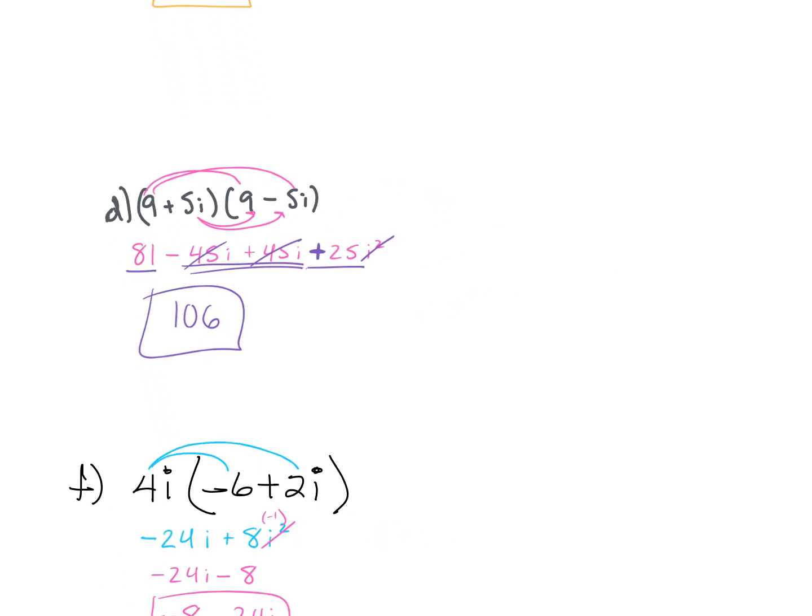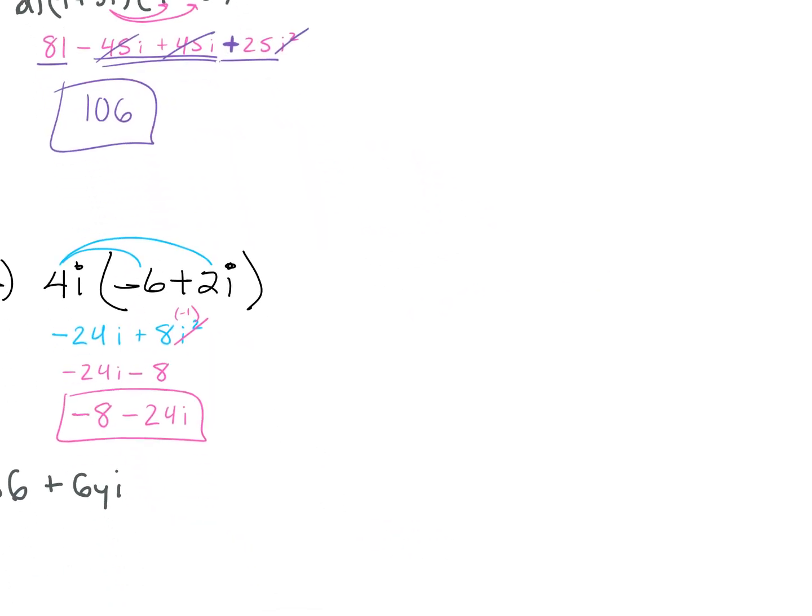And then just for fun, I'm going to call it G. What if I had something like negative 1 plus 2i squared? What would I do here? FOIL. We write it twice and FOIL it out. So squared means that we have two of them, so it's negative 1 plus 2i times negative 1 plus 2i.